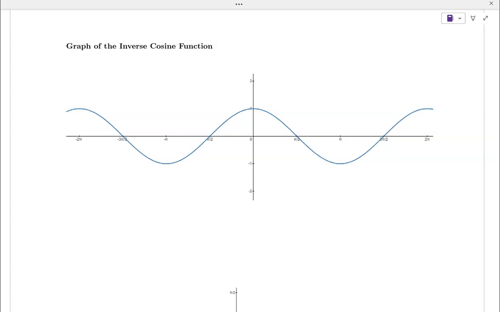Okay. So we have to move our choice. What do you think we might choose? If we want to make it one-to-one and take up the entire range, what interval do you think we might use? Instead, 0 to pi, that works. And that's exactly what we do use. We go from 0 to pi. That'll work, right?